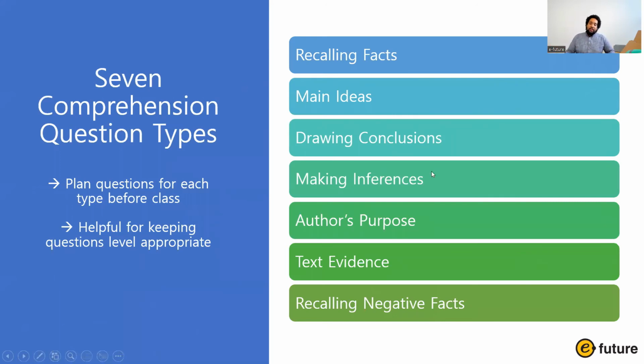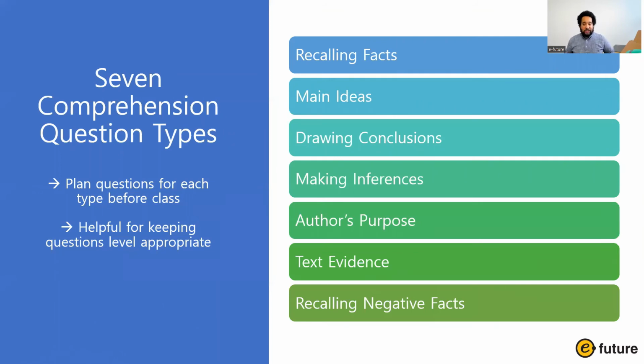Things like that. These next two, drawing conclusions and making inferences, are a bit more challenging, but they are different. They sound similar, but they're different. A drawing conclusion question is a question where the students can go into the story and find the answer.